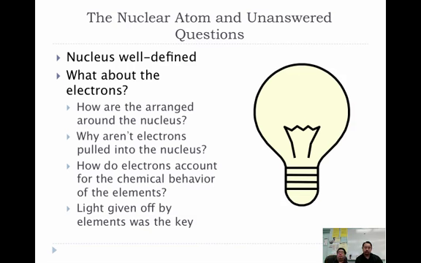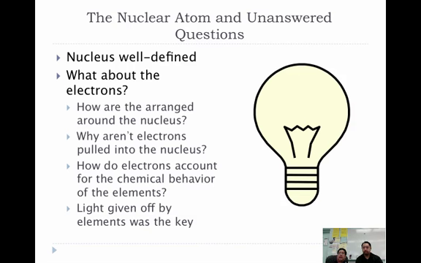Now you have to remember here, when we're talking about chemical reactions, we know that the identity of the element doesn't change during a chemical reaction, so that leaves the protons and the neutrons out. So the only thing that could be changing as elements combine to form different kinds of compounds is electron behavior.